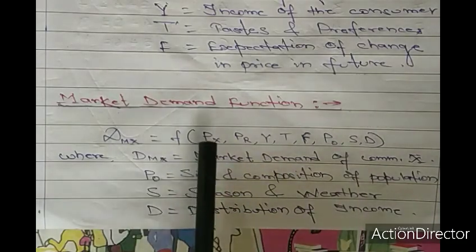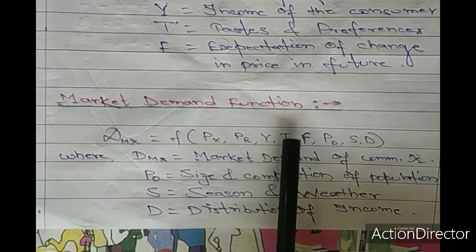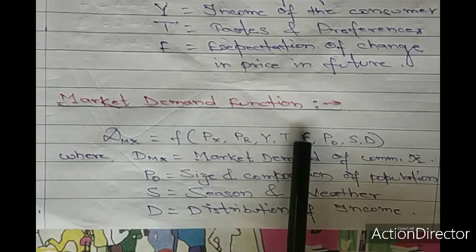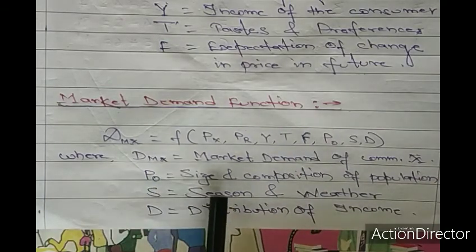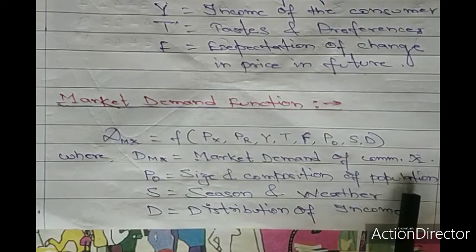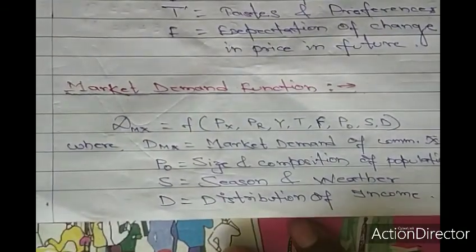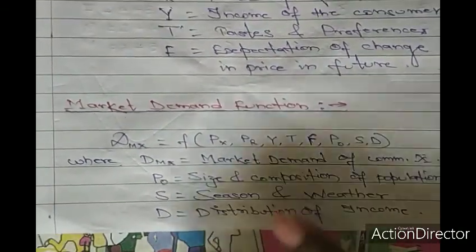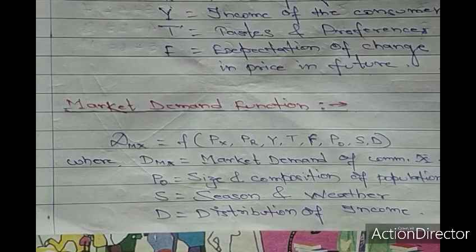Px is price of the given commodity, Pr is price of related goods, Y is income of the consumer, T is taste and preferences, F is future expectation of change in price, and Po is the size and composition of the population. S is season and weather, and D is distribution of income. So these are the three factors which affect only market demand.